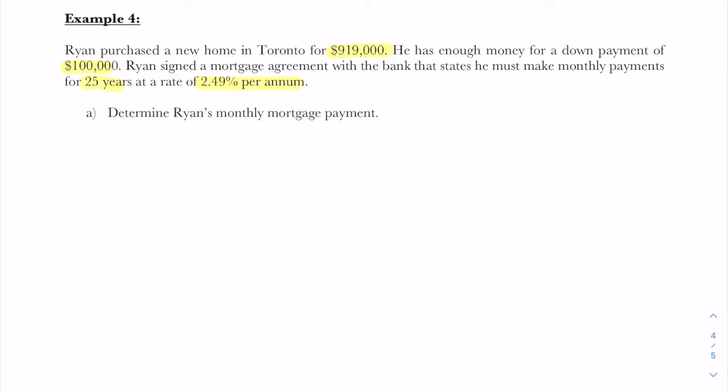So first of all, what will Ryan's mortgage be? If he's making a down payment of $100,000, that means that Ryan will only have a mortgage of $819,000. Basically just the price of the home, subtract the down payment.